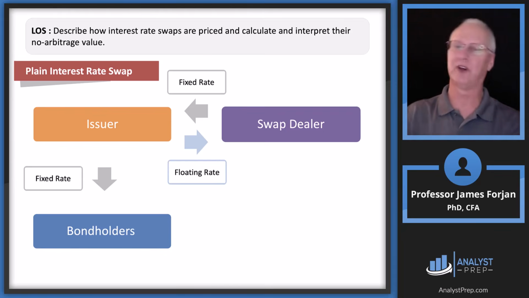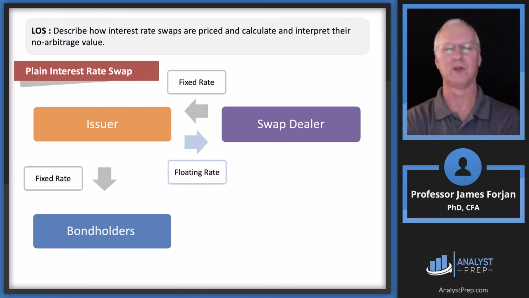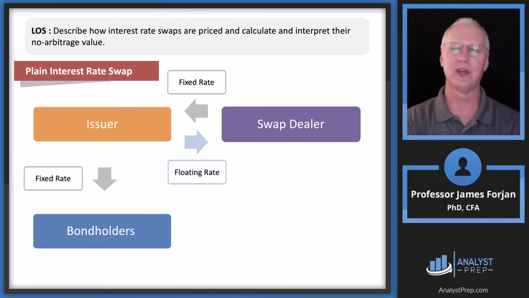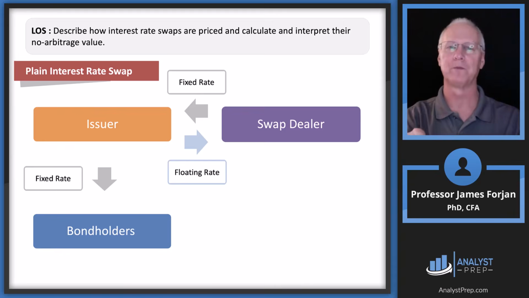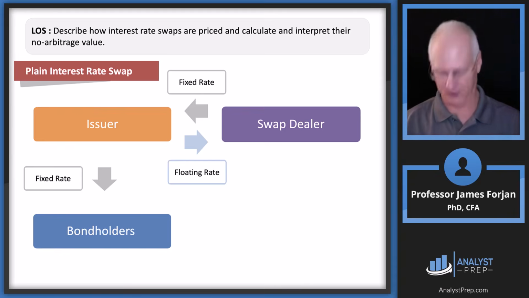When do we suffer? We suffer when interest rates rise. So we would never do this as the issuer if we were super worried that interest rates were going to rise. We would only execute this hedge if we thought interest rates were going to fall.